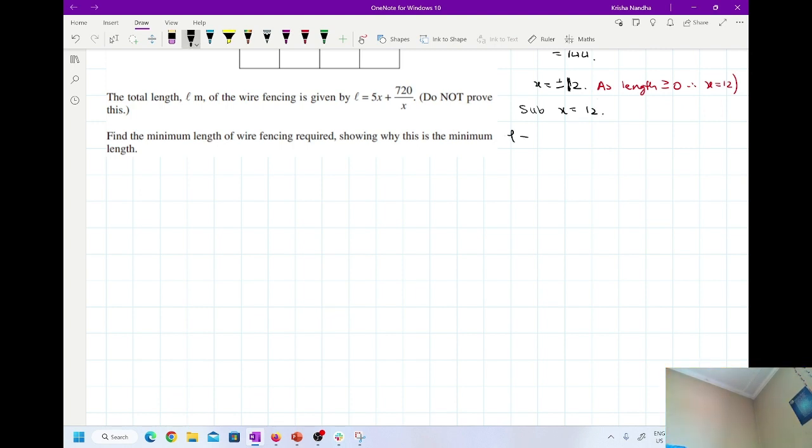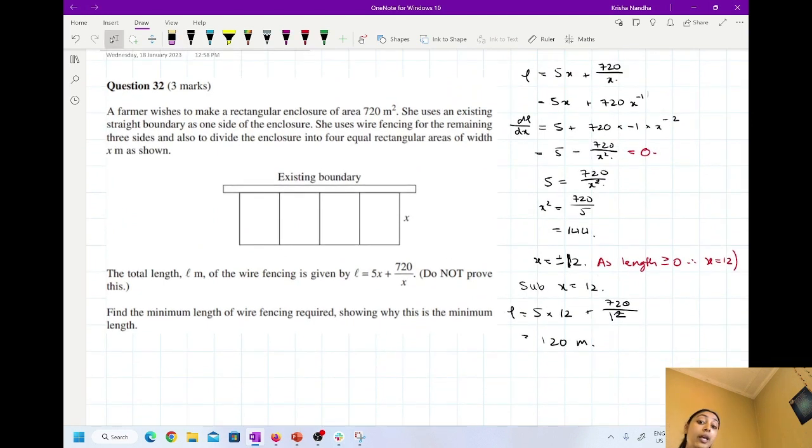So L is equal to 5 times 12 plus 720 on 12, which is 120 meters.